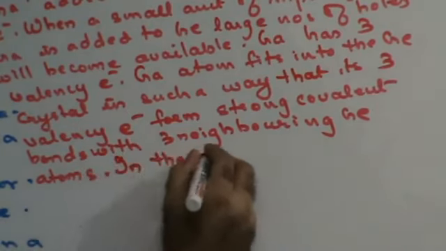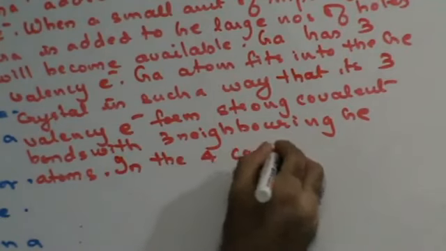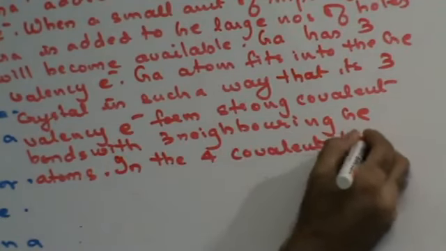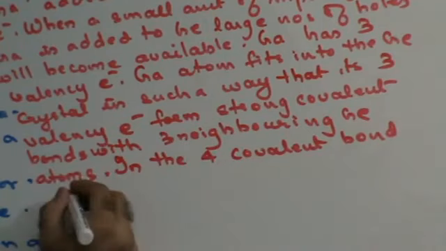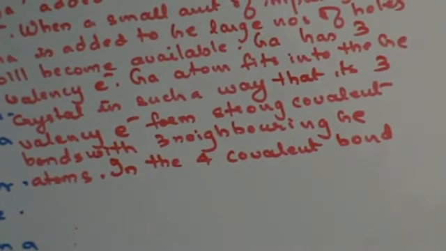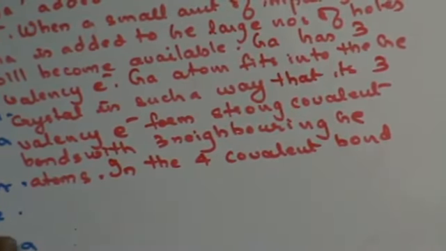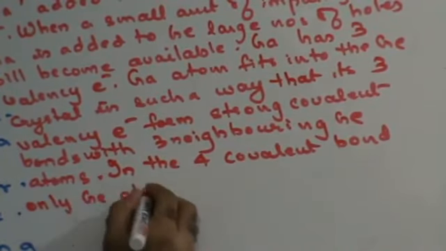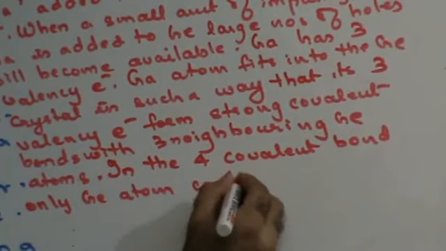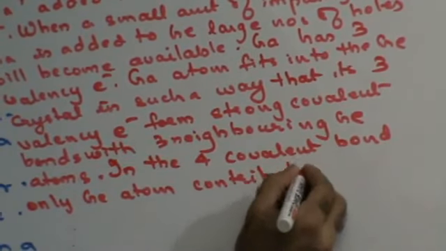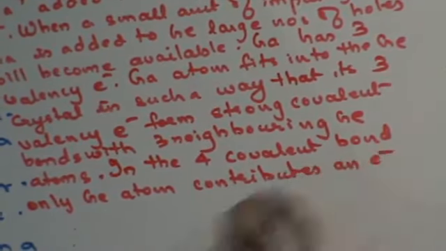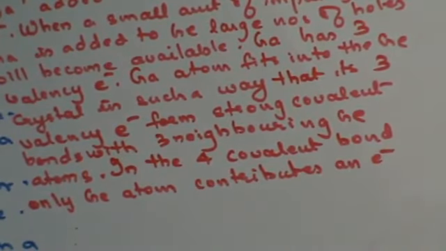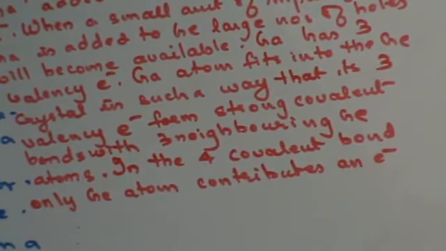In the fourth covalent bond, I can say that only the germanium atom contributes a valency electron, where gallium has no valency electron to contribute.